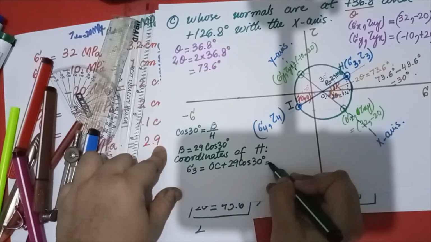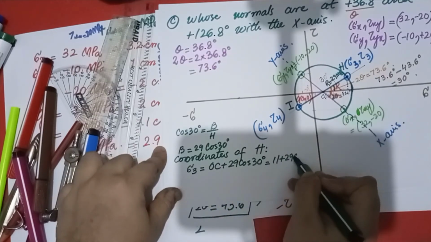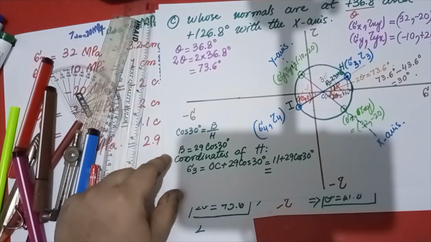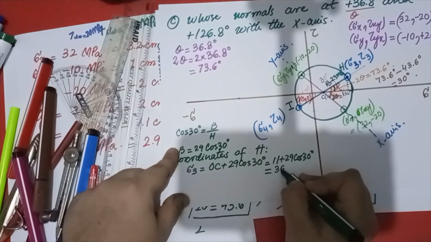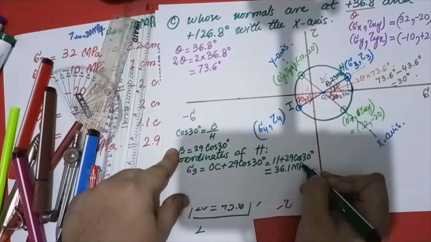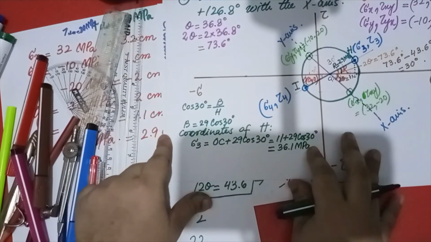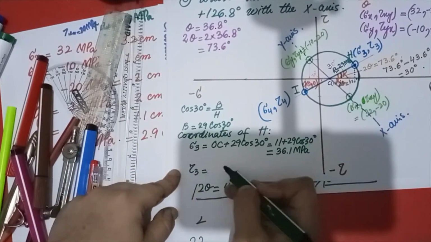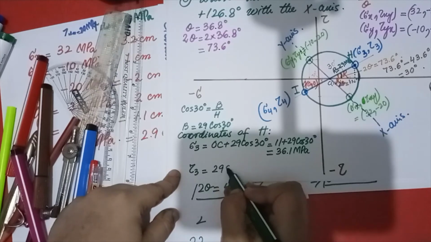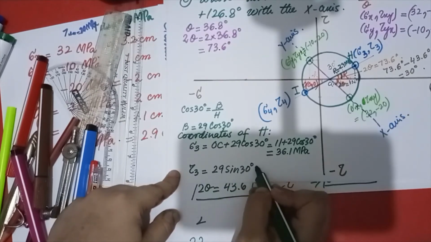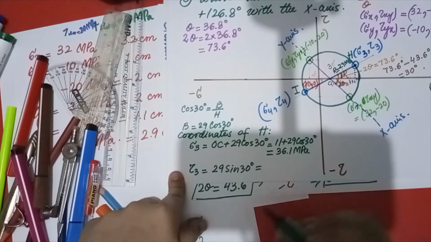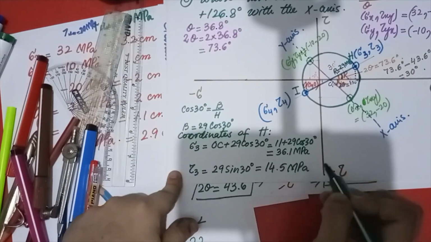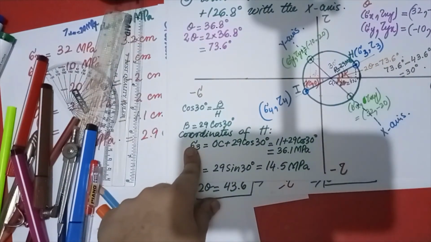So you will get your answer: 11 plus 29 cos of 30 degree. So the answer will be 36.1 MPa. And then you have to find out tau 3. So it will be 29 sine 30 degree. The answer comes out to be 14.5 MPa. This is for the coordinates of H.